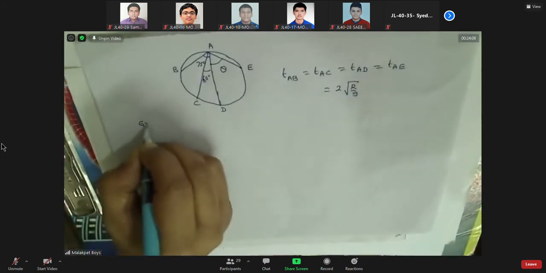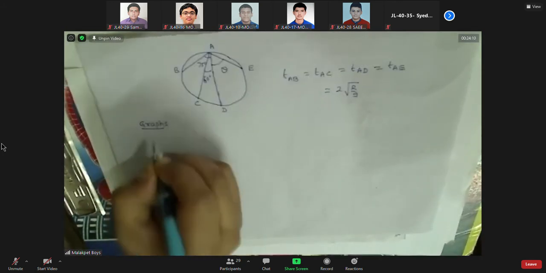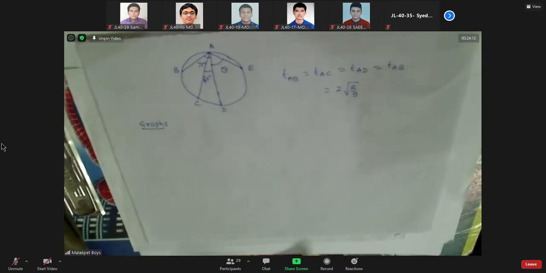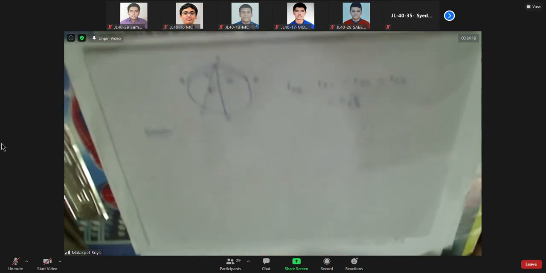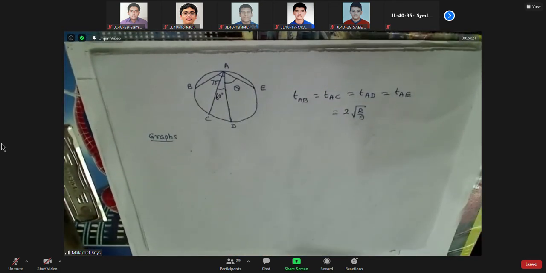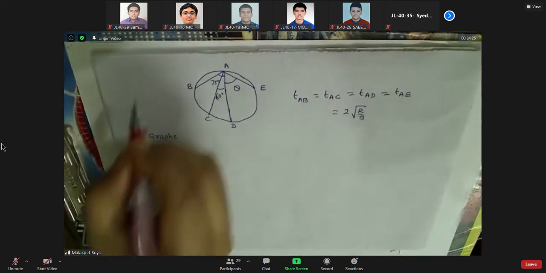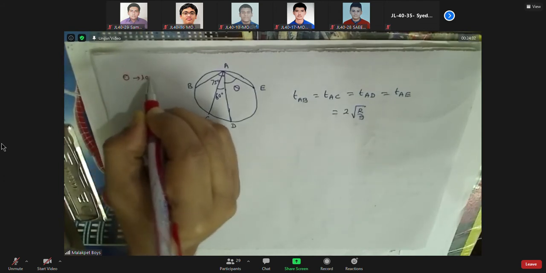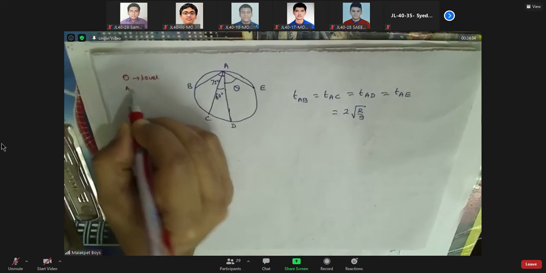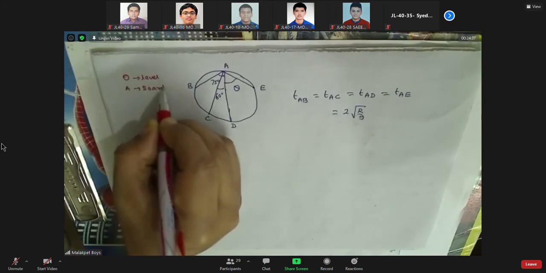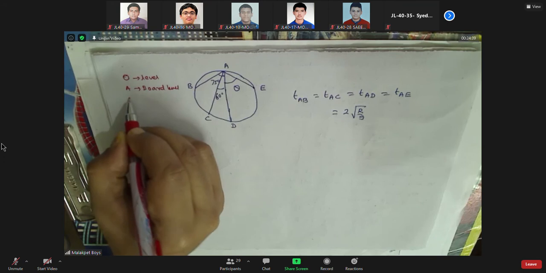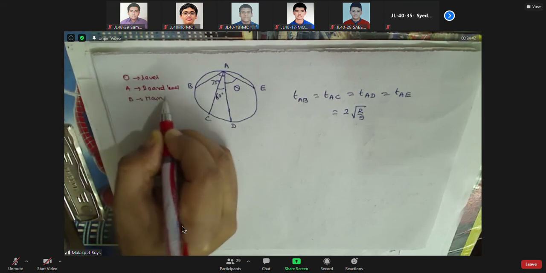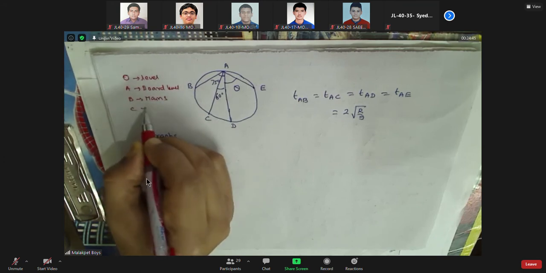Then you have graphs. See, I start from your school O level. Then I'll cover board level. Then I will cover mains. Then I will cover advanced.